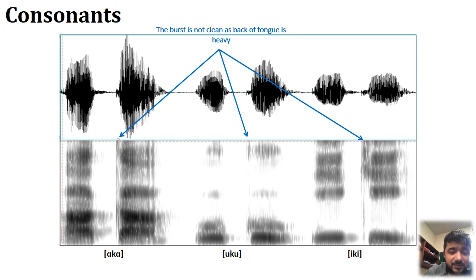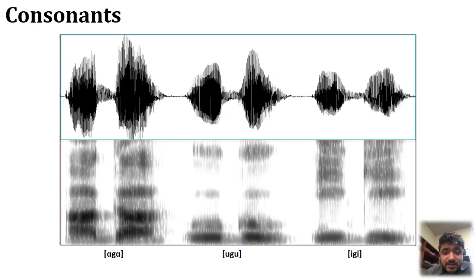Again, this is another example of agga, ugu, igi. The voicing is easier to indicate, but other things are relatively difficult. So ka and ga would be a little bit more difficult to learn from, at least from the first visual inspection. There are other indicators that I don't want to go into at this point.